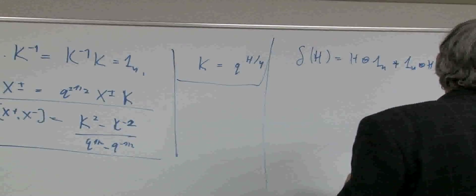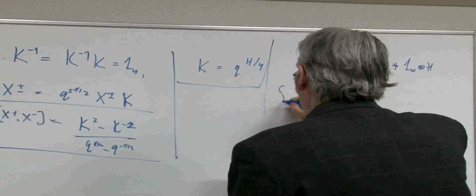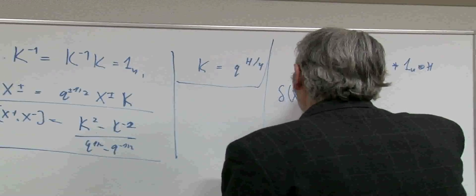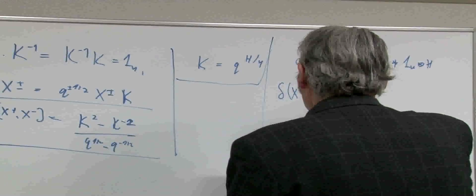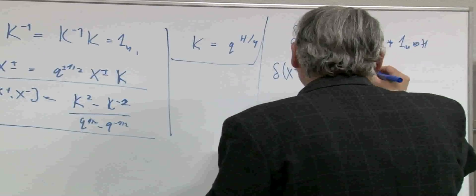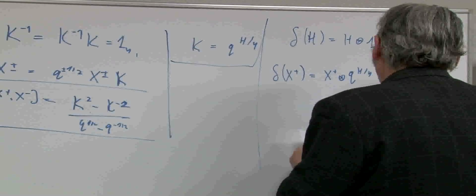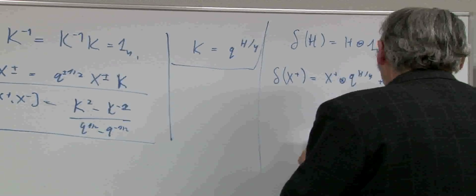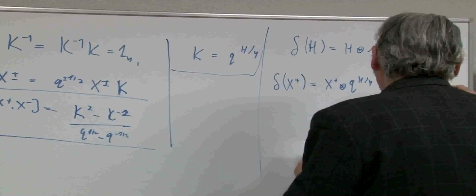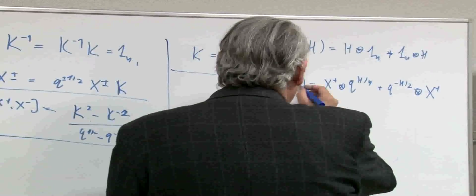This is as before, in this trivial case, but the plus minus is not trivial. Delta of x plus is x plus tensor q to h over 4 plus q to minus h over 4 tensor x plus. And the same with minus.